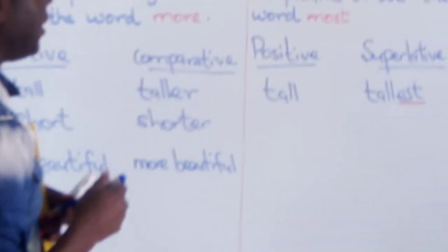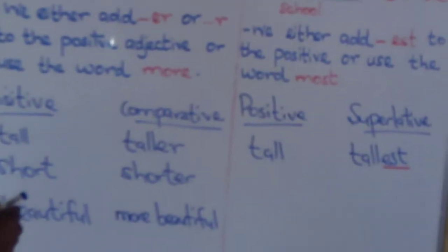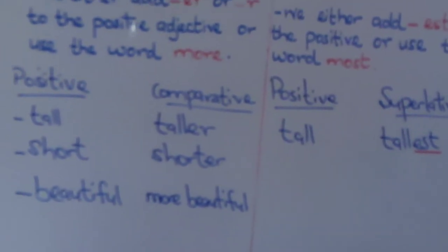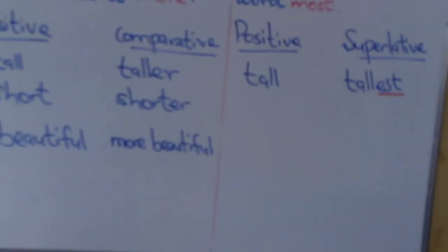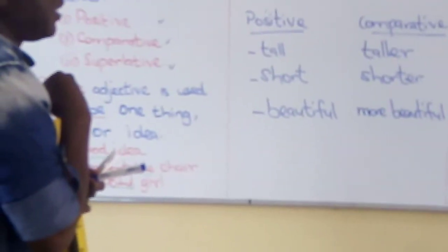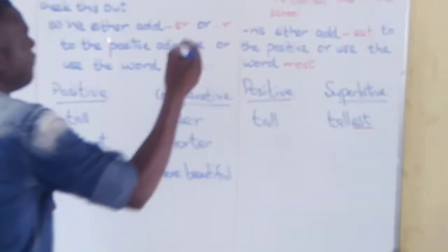Let's look at when we add. We can have more examples where we're adding est. Others, the word changes. For example, good. We can neither add est or add most. We say good, we go to best. Now here we have best.